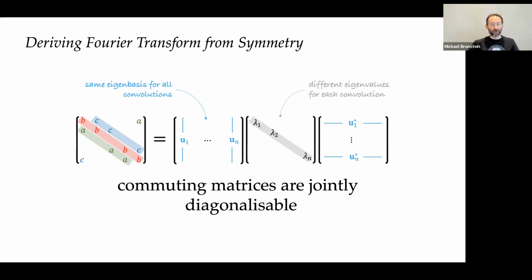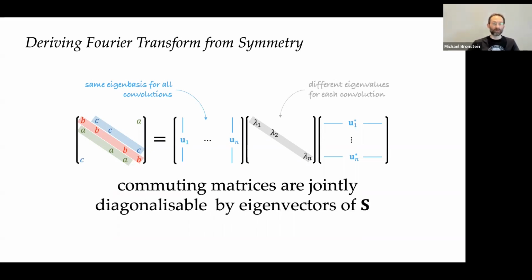And because all circulant matrices commute, we can pick one of them just for the convenience of analysis, and it's easy to look at the eigenvectors of the shift. So basically, we can say that all commuting matrices, or all convolutions, are jointly diagonalizable by the eigenvectors of the shift, and we can actually derive the eigenvectors of the shift analytically.